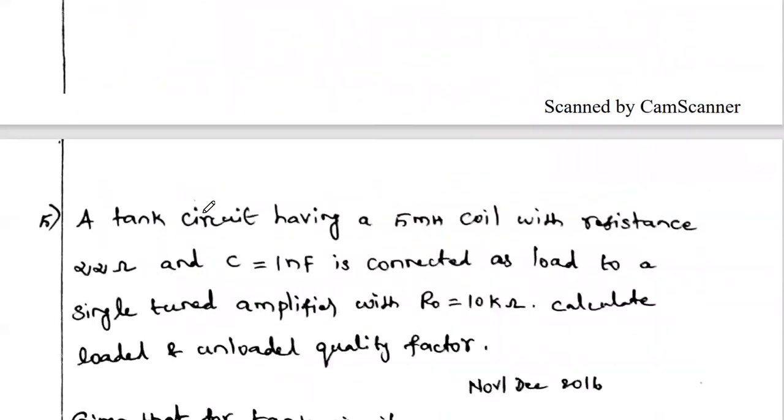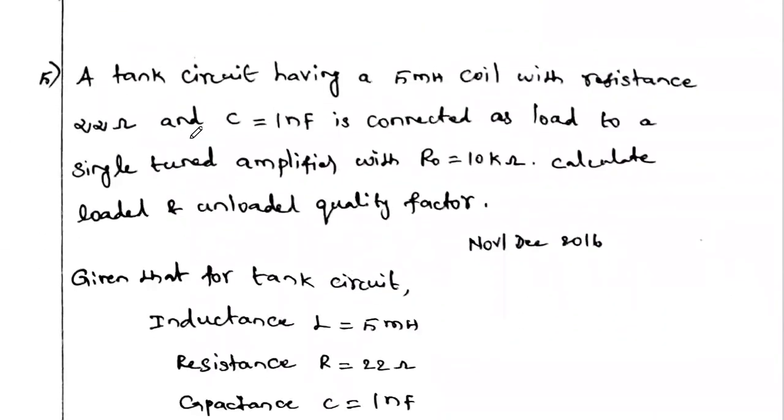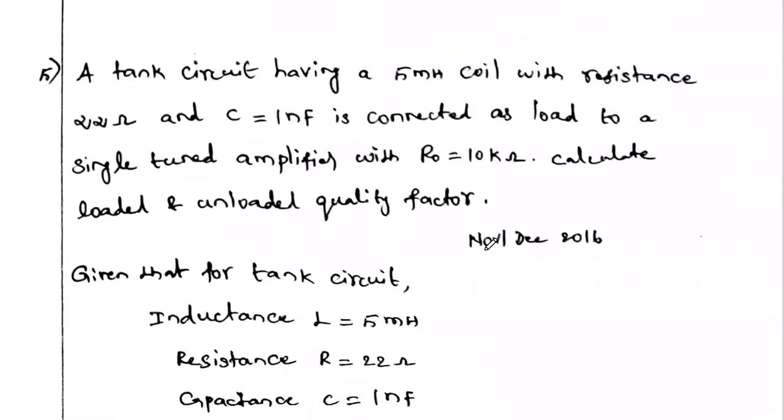Okay, then the next question, similar to the fourth question, this is also used to find loaded and unloaded quality factor, but the given data are different. Okay, so you see a tank circuit having 5 millihenry coil with a resistance 22 ohms and a capacitance 1 nanofarad is connected as a load to a single tuned amplifier with R0 equal to 10 kilo ohm.